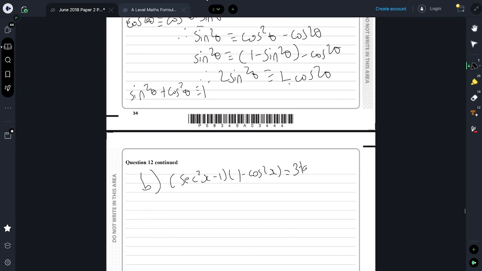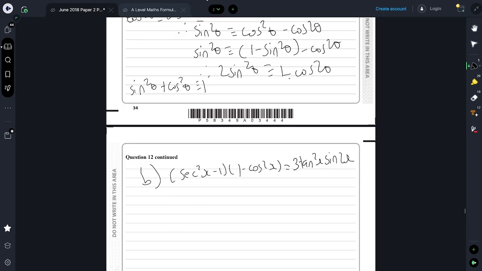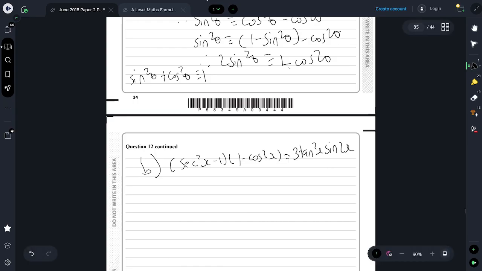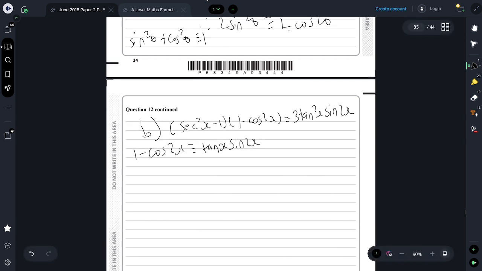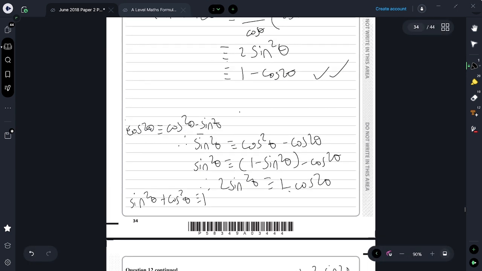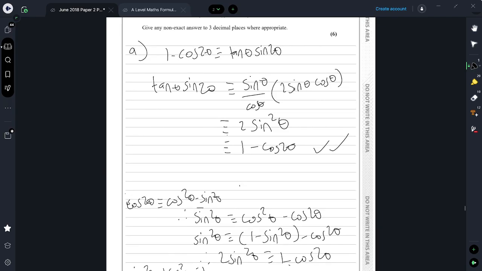It looks very nasty, but they told you part A for a reason. We know that 1 minus cos 2x is tan x sine 2x from part A. Is that right? Yeah, cool.